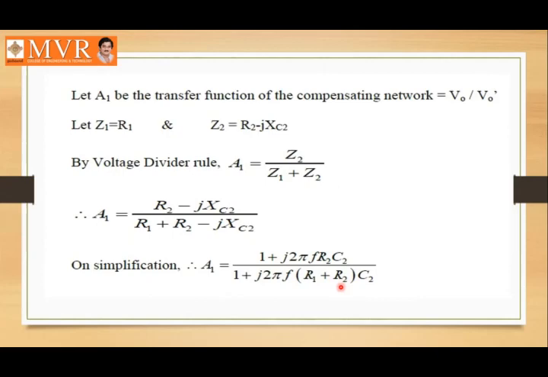That is 1 plus j 2 pi f R2 C2 divided by 1 plus j 2 pi f (R1 plus R2) into C2.